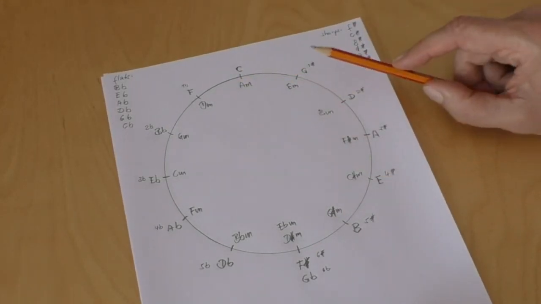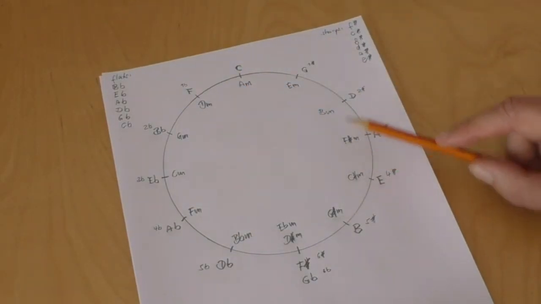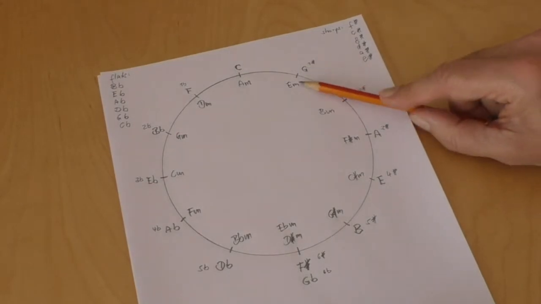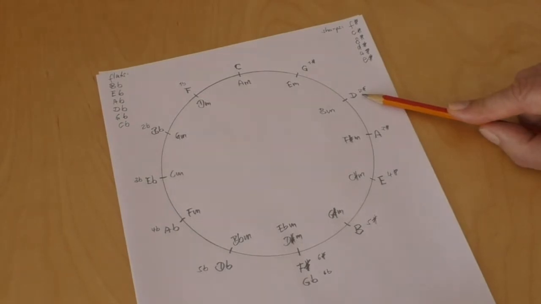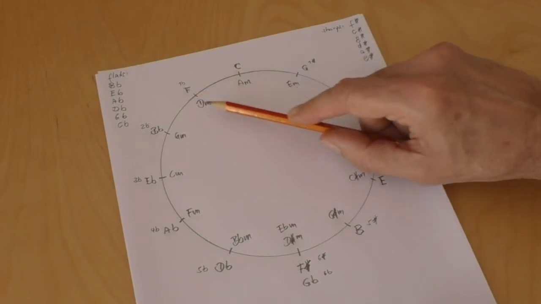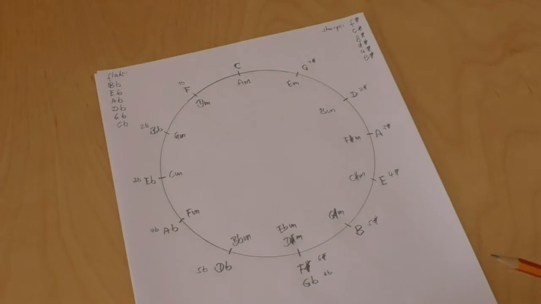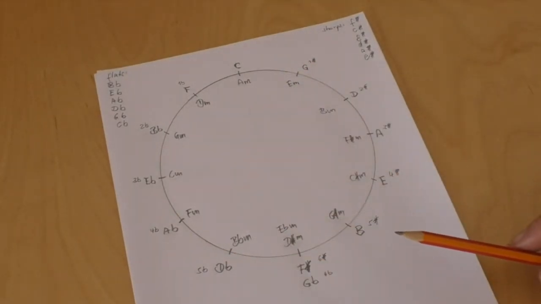And you can do that now with the knowledge of the circle of fifth in all keys. Like in the key of G, that means we go from G to E minor to A minor to D7. And in the key of F, that means we go from F to the D minor 7, to the G minor 7, to the C7, to the F. So this way you can derive all the standard turnarounds easily from the circle of fifth.